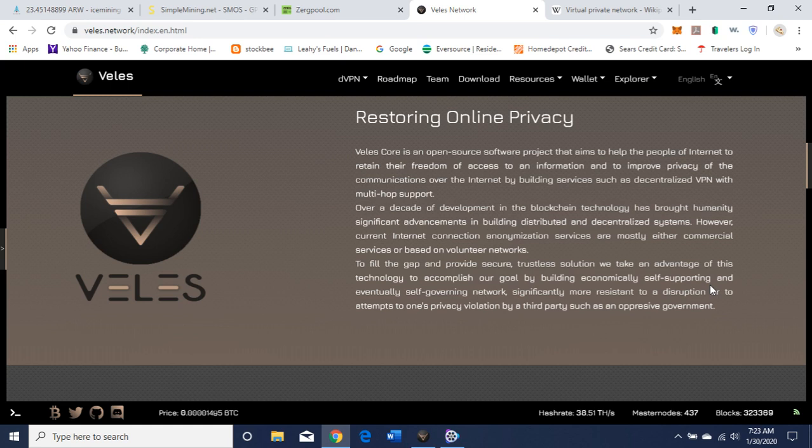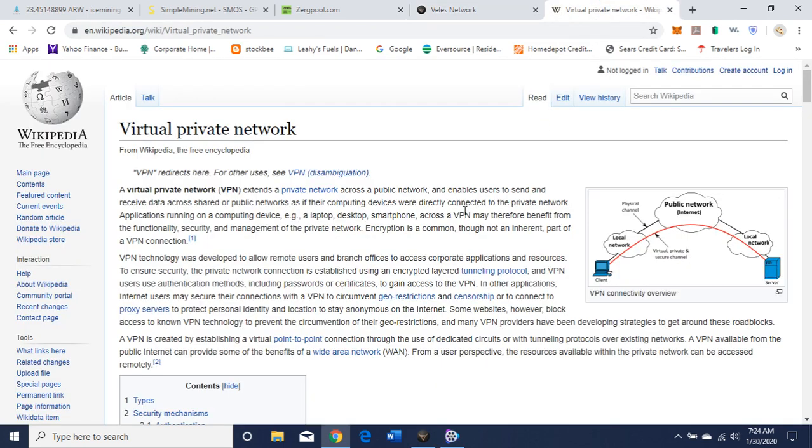So what is a VPN? A VPN is a virtual private network. You may or may not have heard of it. I pulled up an example here on Wikipedia, and you can read about it here. It extends a private network across a public network. It enables users to send and receive data across shared or public networks as if their computing devices were directly connected to the private network.